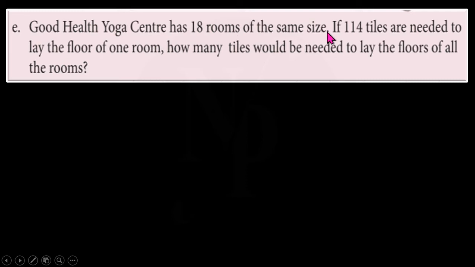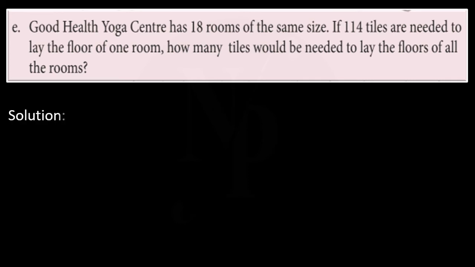The yoga center wants to lay tiles for the floors of all the 18 rooms. The number of tiles required for one room is 114, and we should find the number of tiles required to complete the flooring for 18 rooms.